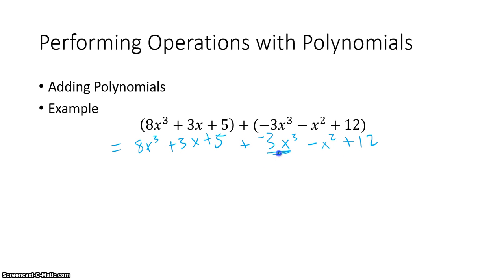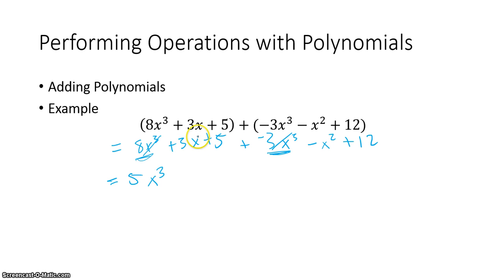Well, sure enough, here's one. And what I'll do is I'll add 8x cubed to minus 3x cubed, yielding 5x cubed. And every time I do that and I take care of one of these terms, I like to cross them out.